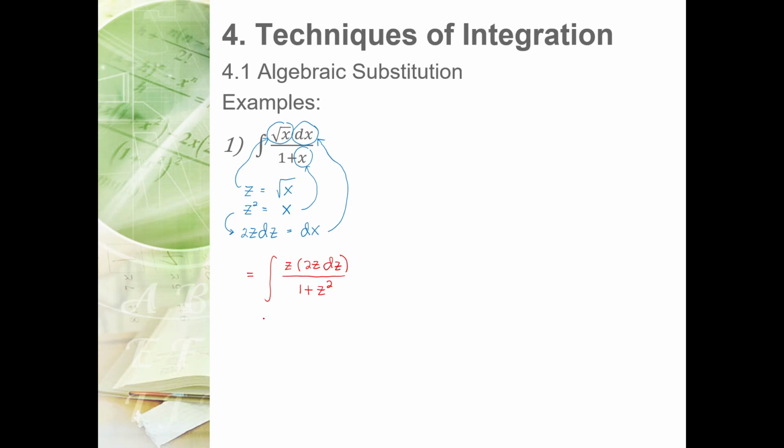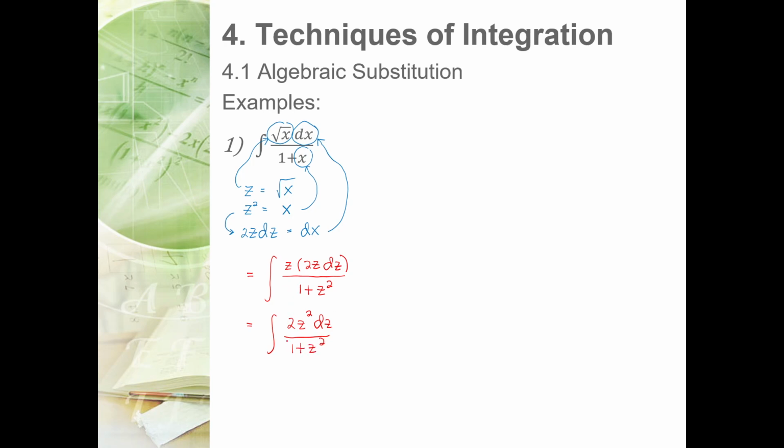Trying to simplify it further, you have 2z squared dz all over 1 plus z squared.